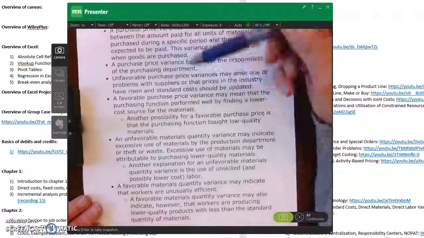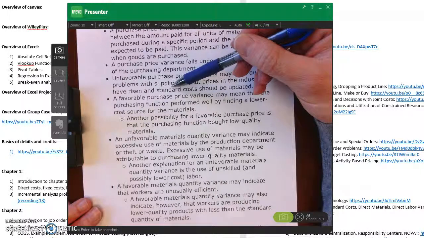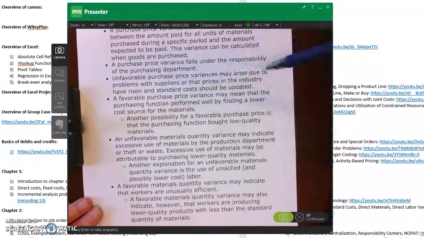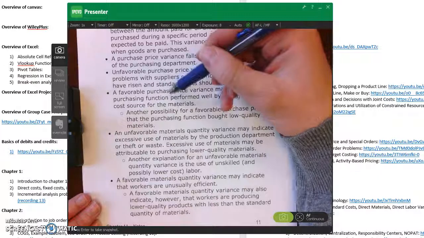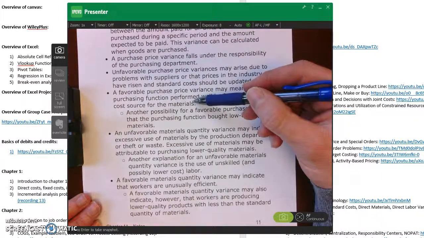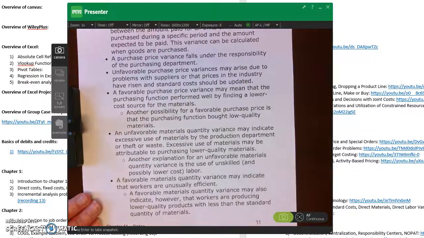When we have an unfavorable purchase price, that could arise due to problems with suppliers. Maybe you had to get a new supplier and they charged you more, or prices in the industry have just risen, okay? And we have to update our standard costs. If you have a favorable price variance, that may be that the purchasing function performed pretty well. Another possibility is that they bought low quality or cheap materials.